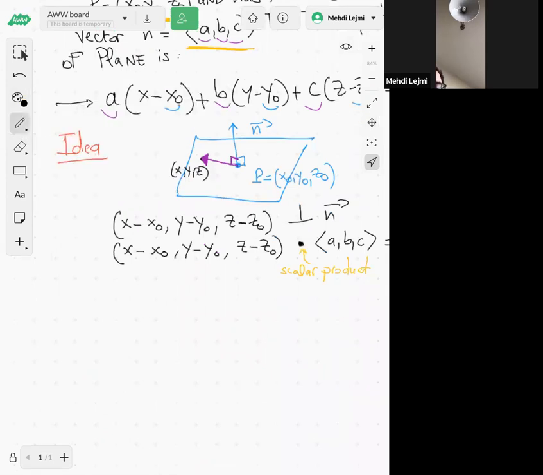So let's come back to our example. Our n is TU at the point P cross product with TV at the point P. Again, the point P is the point 0, 1, 1.